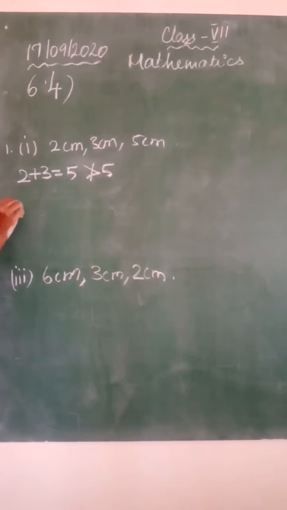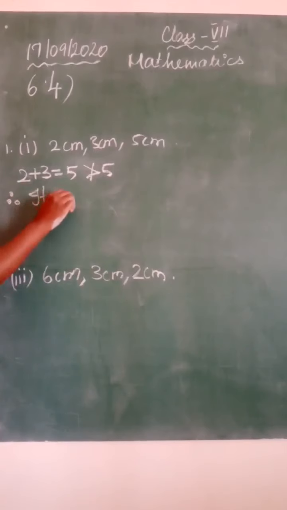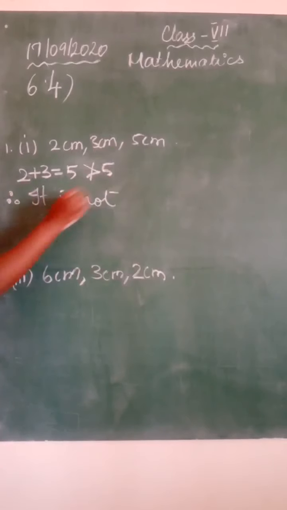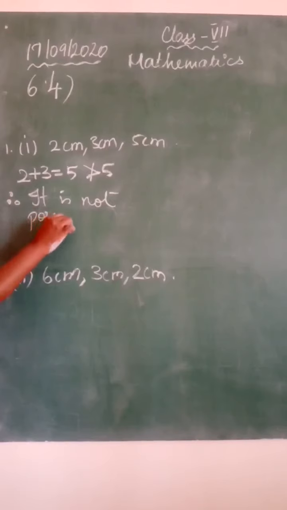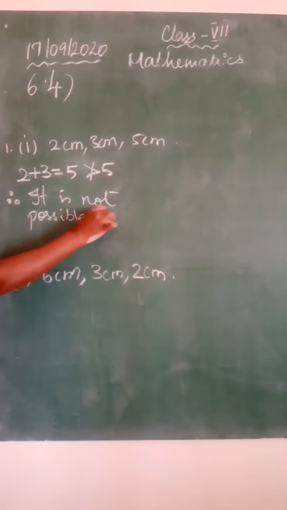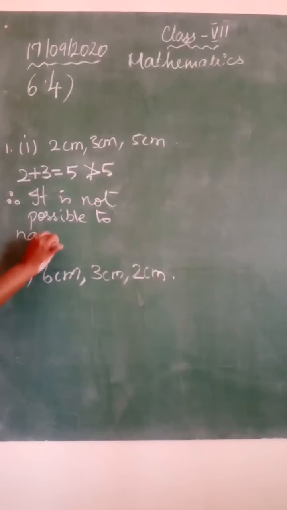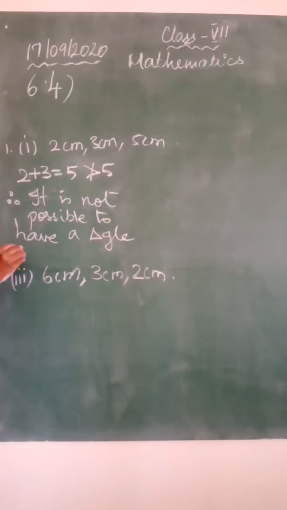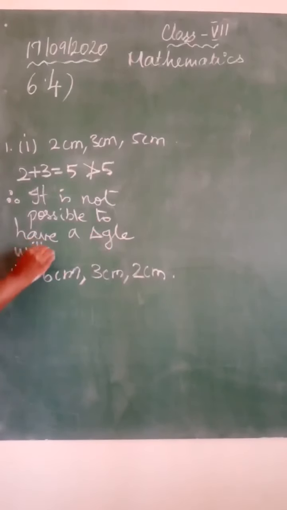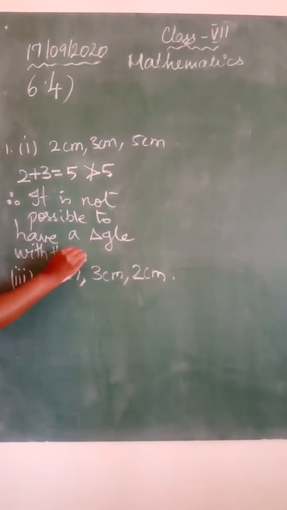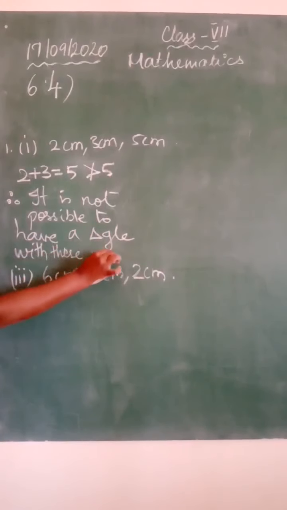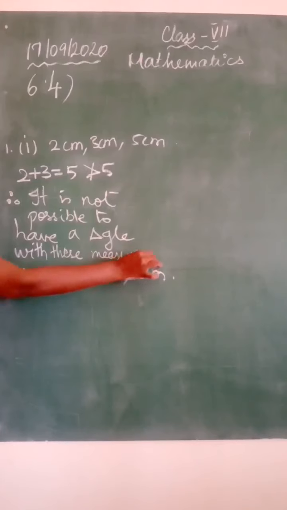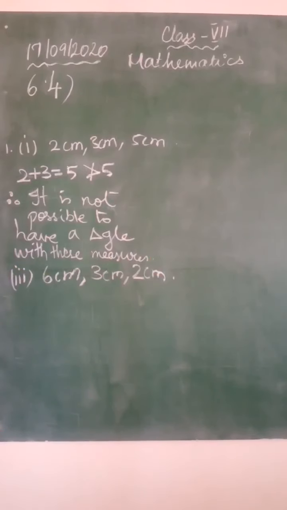So you will write, therefore, it is not possible to have a triangle with these measures. Okay. Next, coming to this one. Here, see, 6 plus 3 is how much?